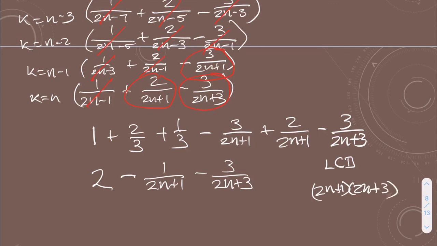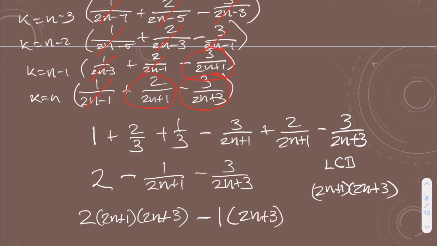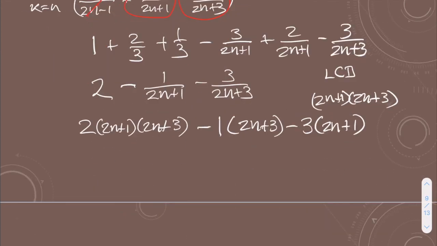And so this just ends up being then 2 times 2n plus 1 times 2n plus 3, minus 1 times 2n plus 3, minus 3 times 2n plus 1. And that's all over, by the way, our common denominator.